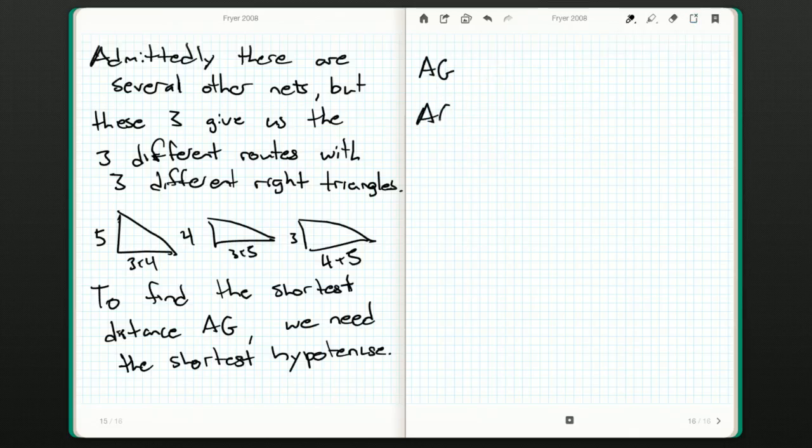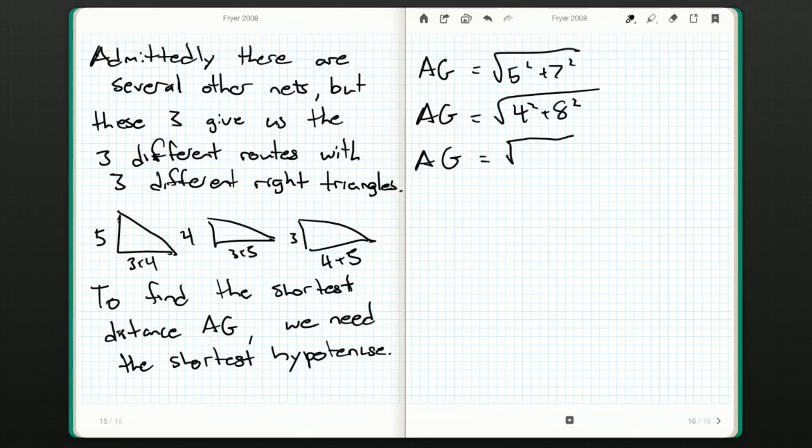You could have AG equal to square root of 5 squared plus 7 squared, or 4 squared plus 8 squared, or 3 squared plus 9 squared.